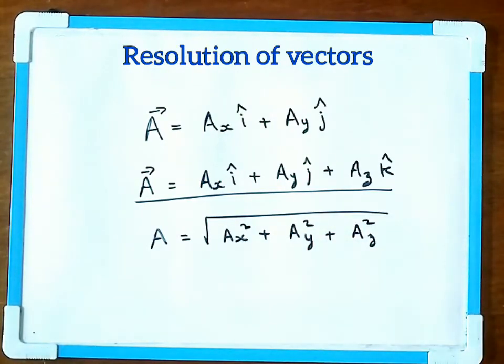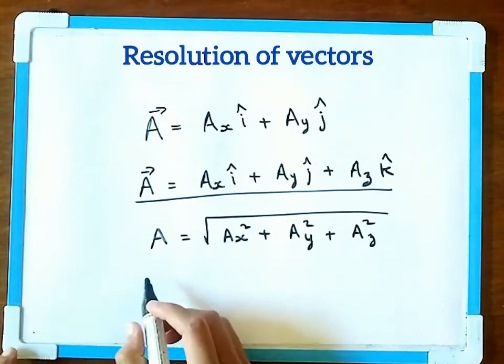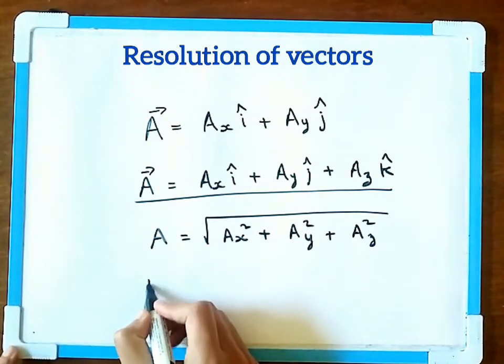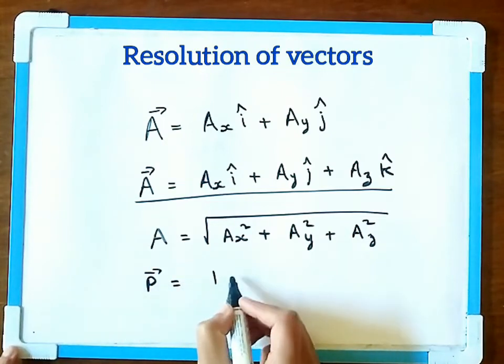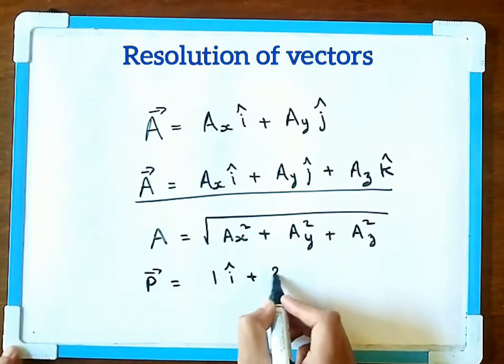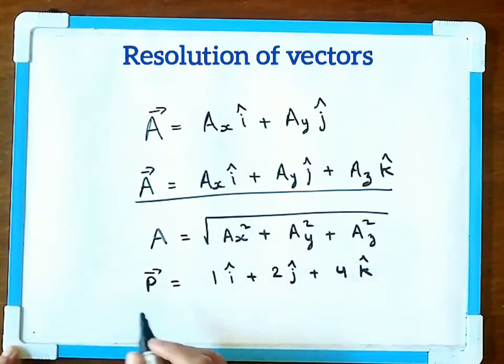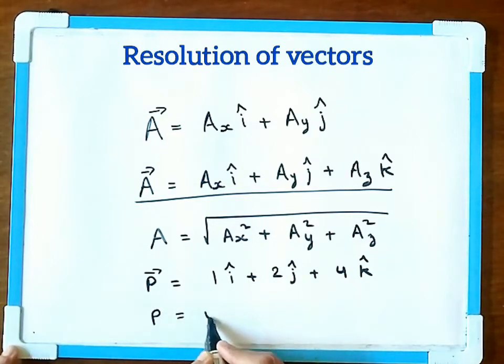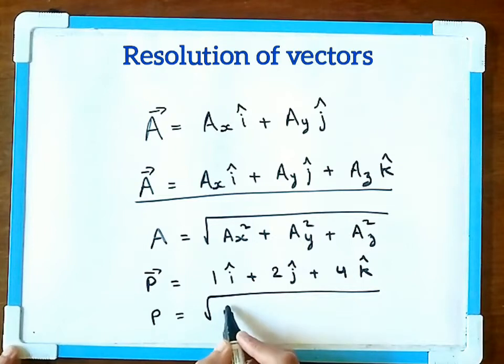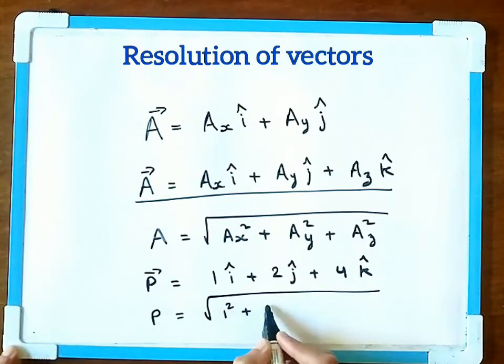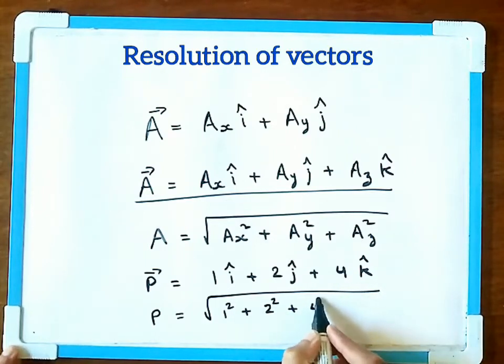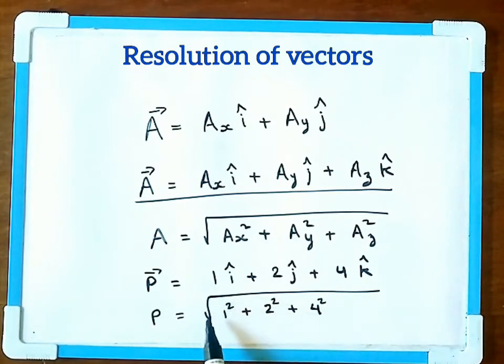Suppose you're given a vector, say P vector, equal to 1 i cap plus 2 j cap plus 4 k cap, and you're asked to find the magnitude of P. What you do is you simply take the square root of 1 square plus 2 square plus 4 square. So if you take the square root of this one, you will get the magnitude of P.